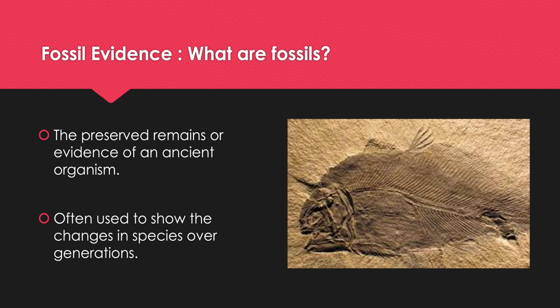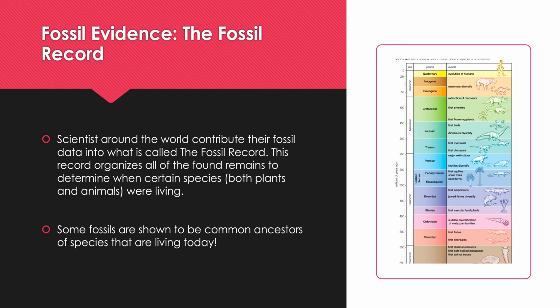They can figure out how old certain fossils are, and they make a timeline of it. That timeline is called the fossil record. Scientists around the world contribute their data to this record, and they organize it to figure out when certain species came about, when other species went extinct, and how they might be related.